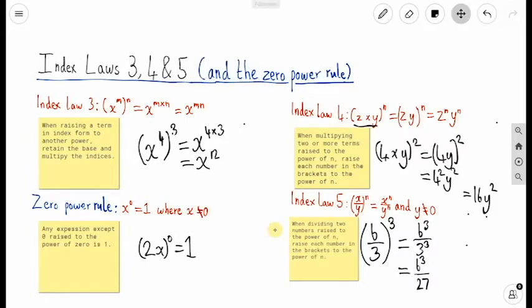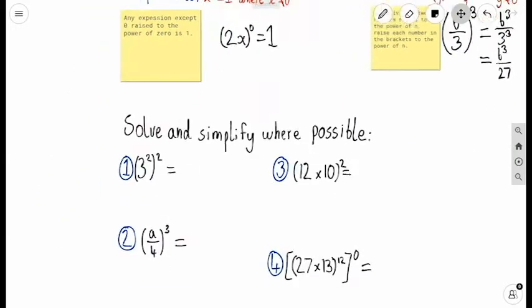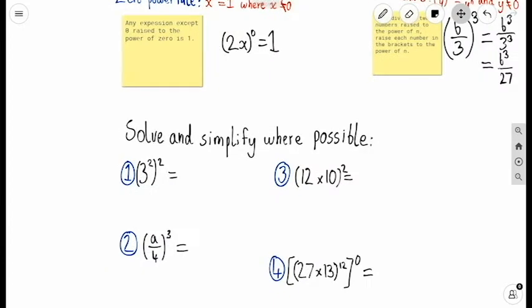Now let's go through some problems for you to solve and simplify. I'll give you 10 seconds for video purposes, but feel free to pause the video and when you're done, unpause it, and then I'll start explaining.